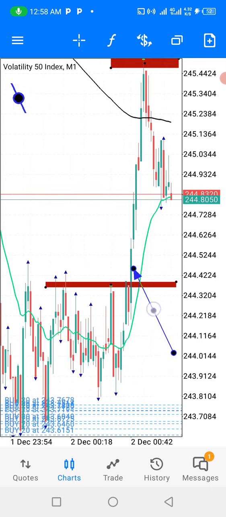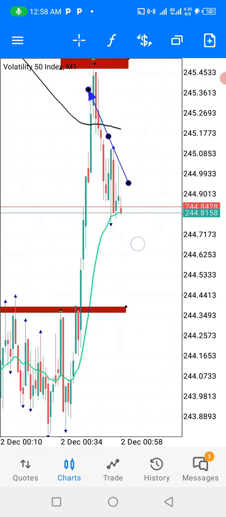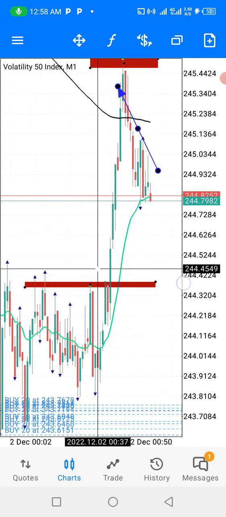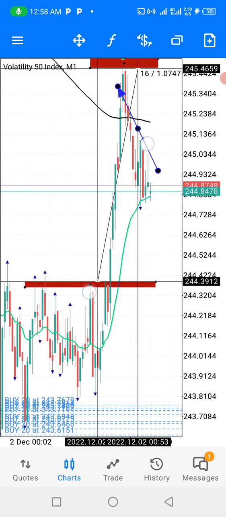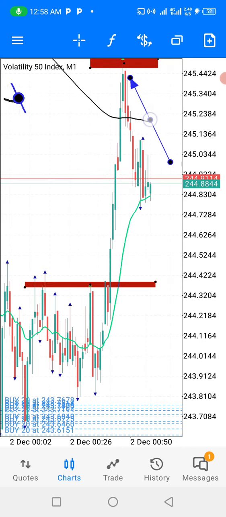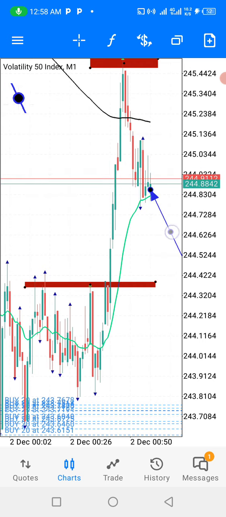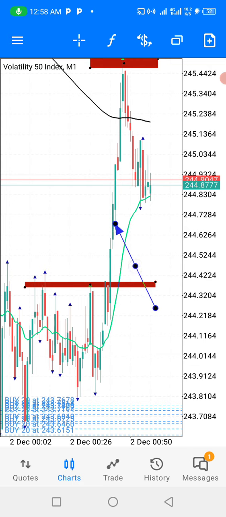It took basically 6 minutes to create a peak level of 1.12, and right now the market is taking about 12 candles to reverse the whole process.